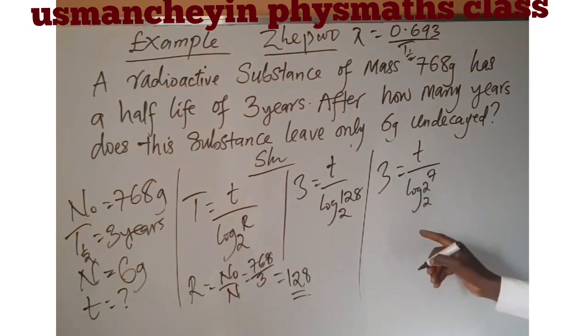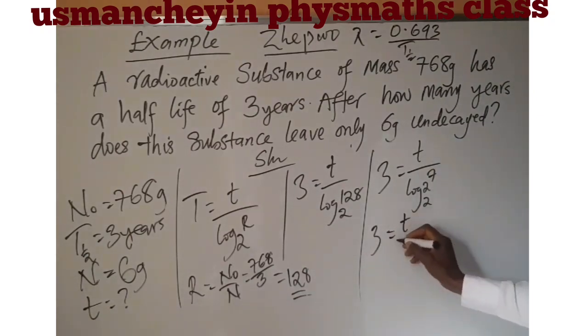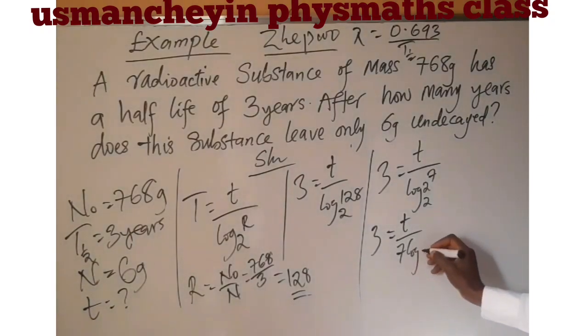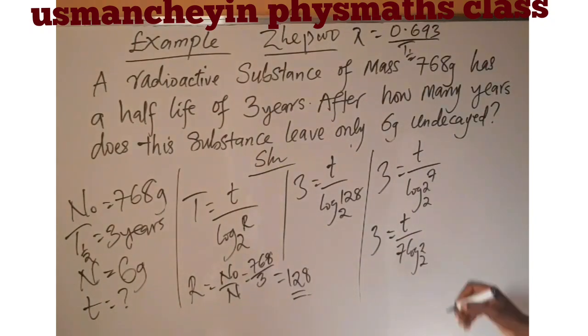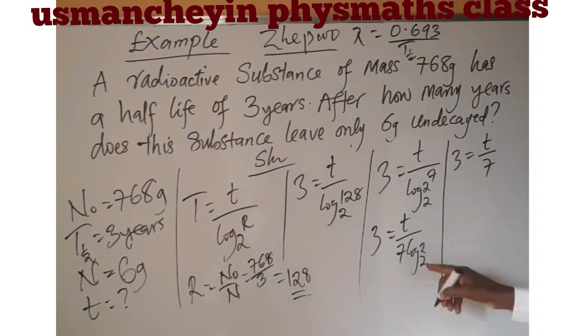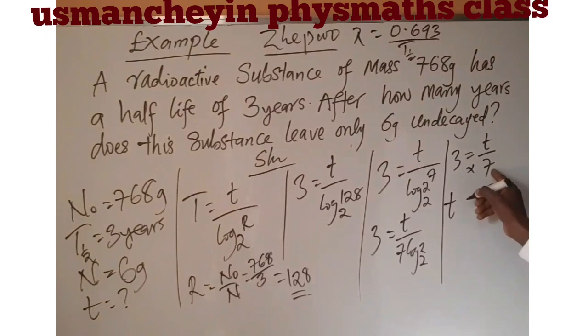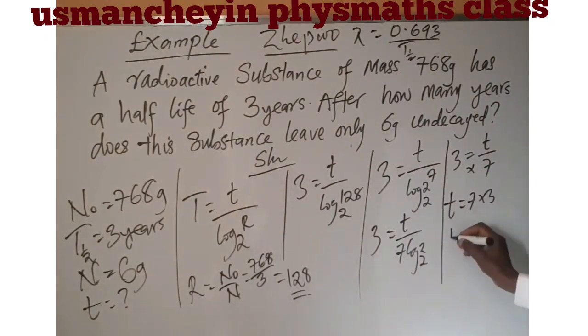When you have something like this, the 7 comes to the front. So we have 3 equal to t over 7 log 2 base 2. And log of a number to its own base is equal to 1. So 3 equals t over 7, because 1 times 7 is 7. We cross multiply: 7 times 3. So t is equal to 21 years.